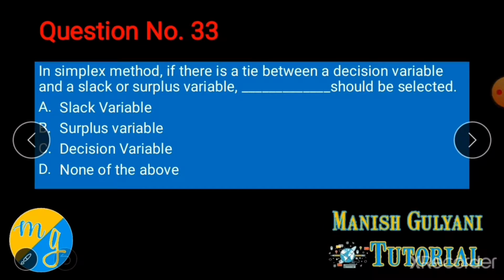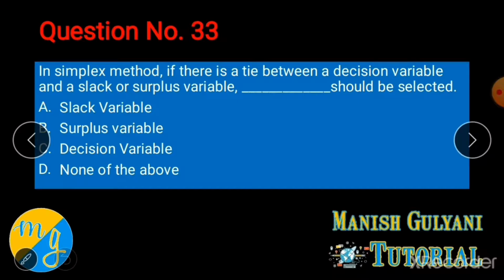Now question number 33. In the simplex method, if there is a tie between a decision variable or a slack or surplus variable, which should be selected? If there is a tie in Cj minus Zj between x and s, then always choose x. I have repeated this so many times.